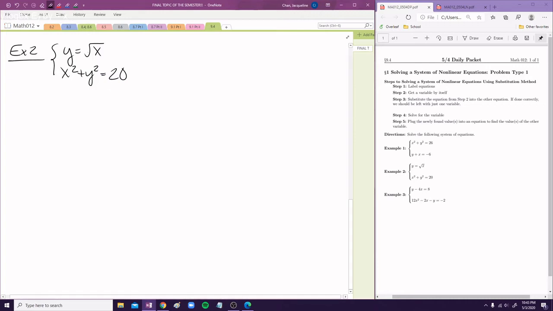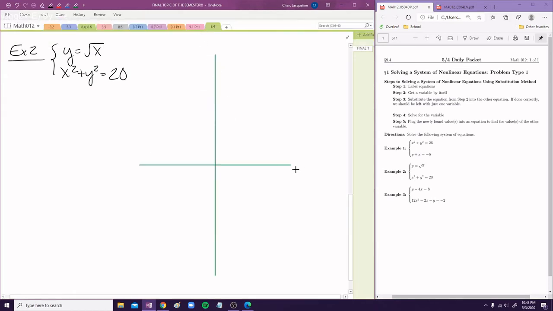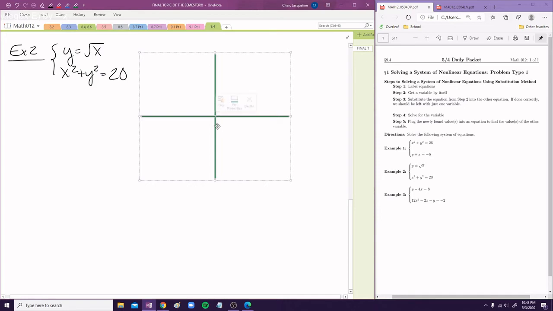To graph this, I just do a rough sketch, not as precise as the other graph.